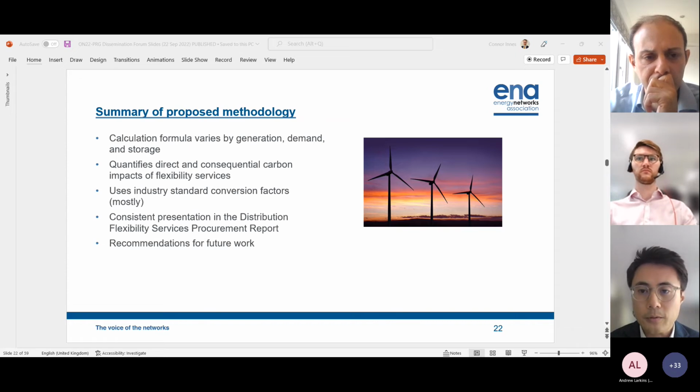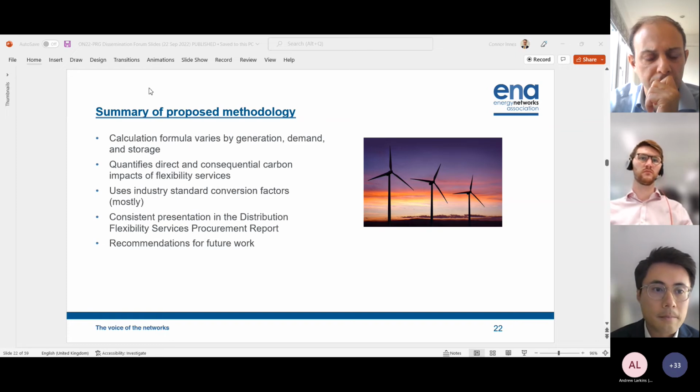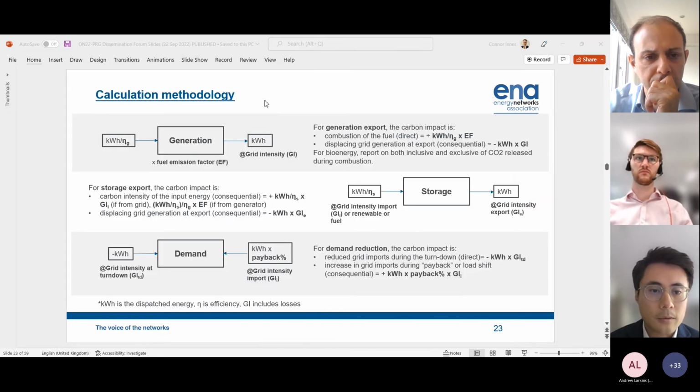And also we made a number of different recommendations for future work, which includes, as I mentioned before, adding on indirect carbon calculations, also using more granular carbon intensity factors, also potentially looking at whether we can forecast future carbon intensity rather than just reporting outturn, and a number of other recommendations which are set out in the report. And move to the next slide.